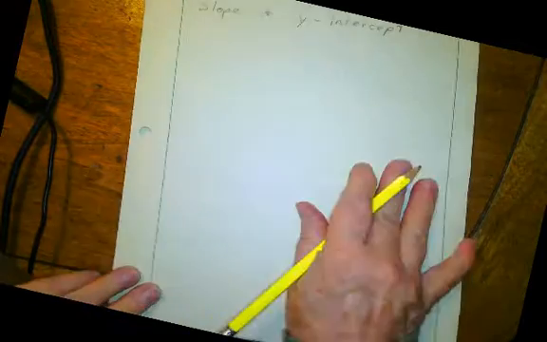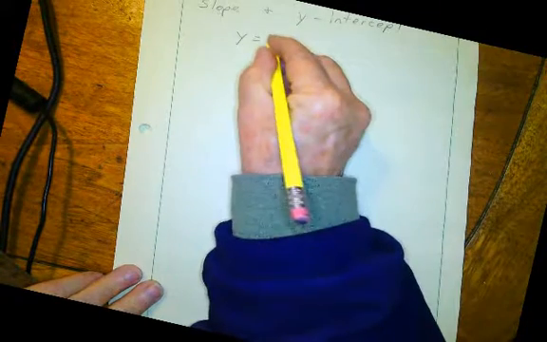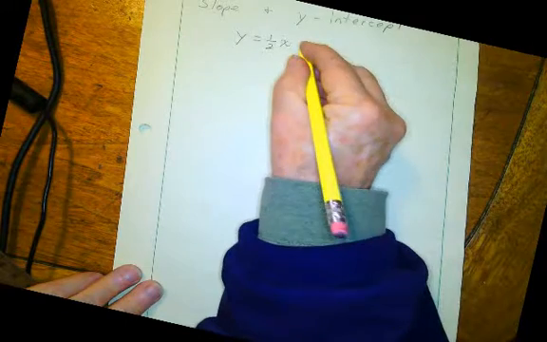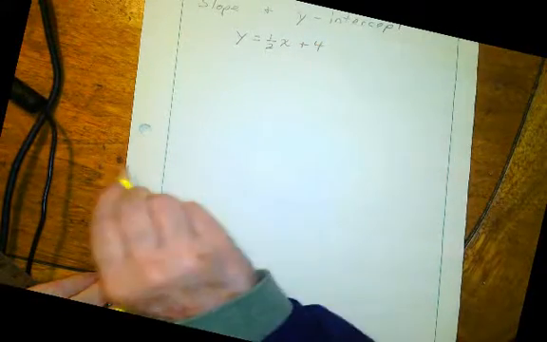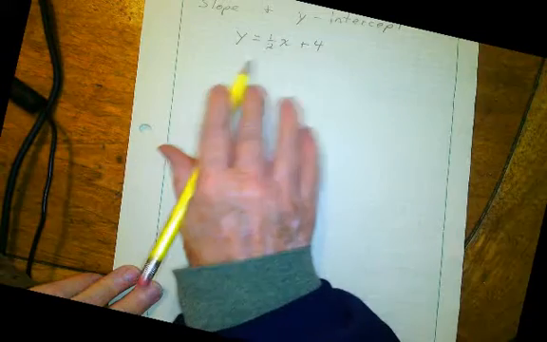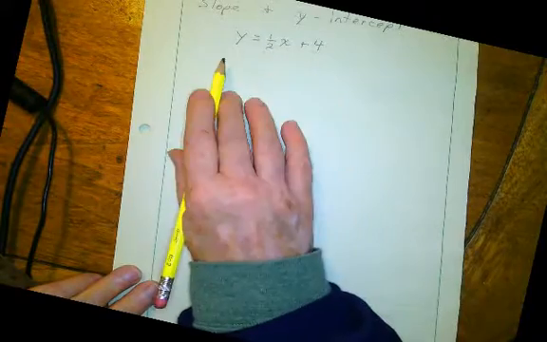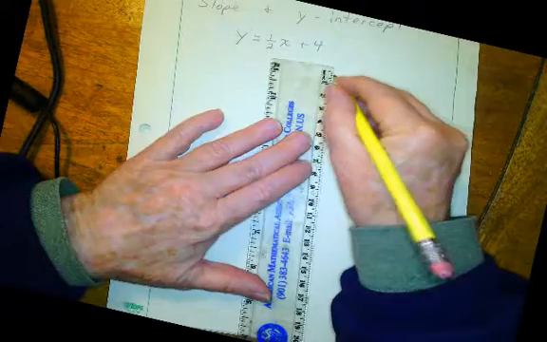We use this method when we have a line that, say, is in a format like this: 1/2 x plus 4. This is called the slope-intercept form. So we'll go ahead and draw our coordinates.